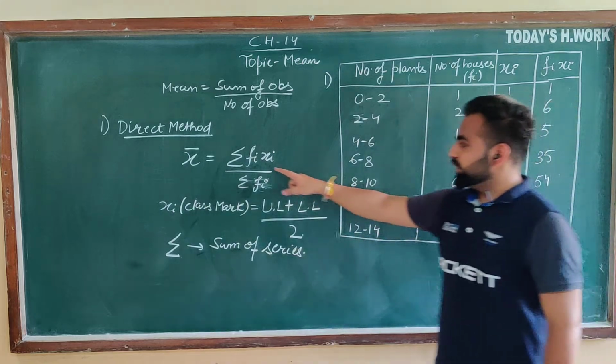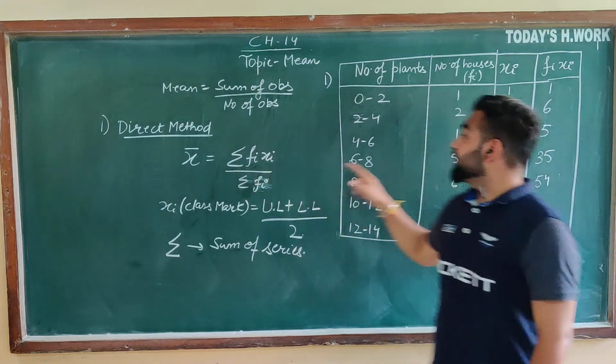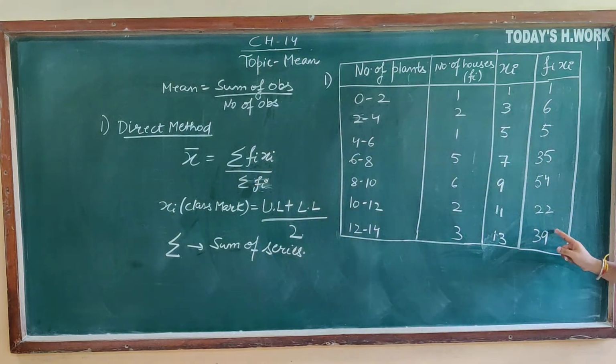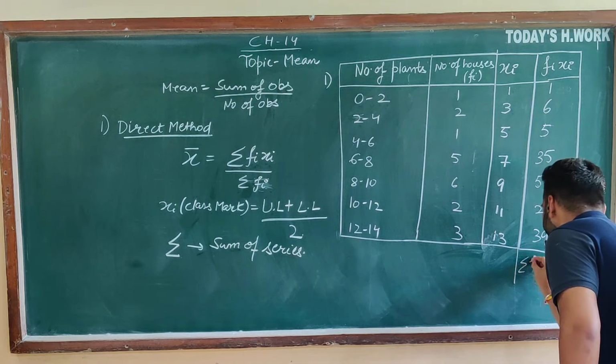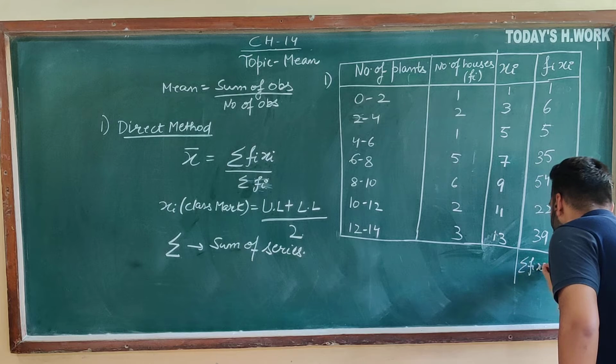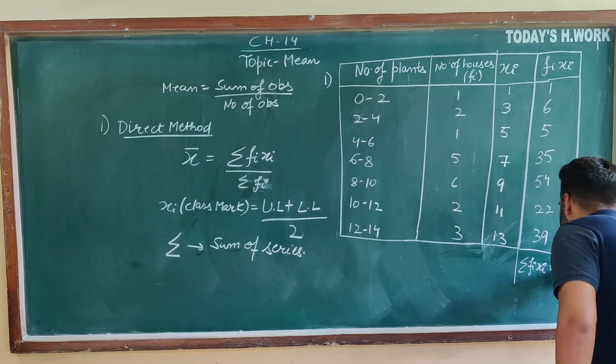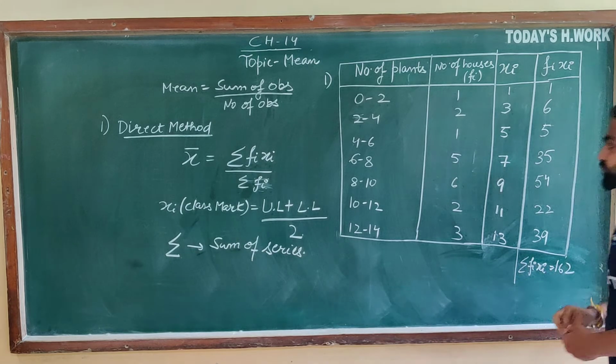Now we have to calculate the sigma fi xi. That is, we have to calculate the sum of all these numbers, and this is equal to sigma fi xi, which will be equal to 162.